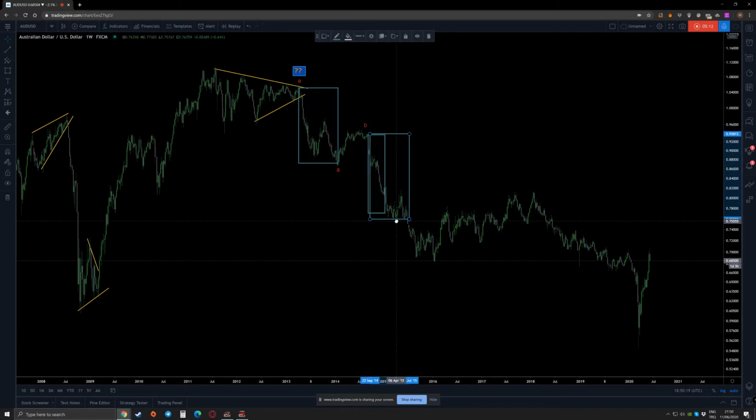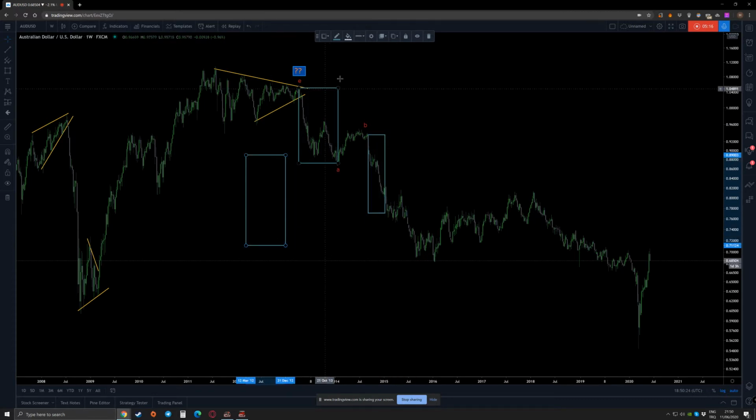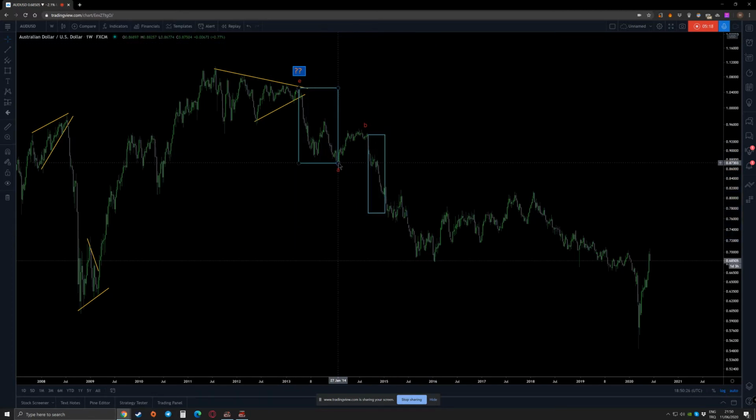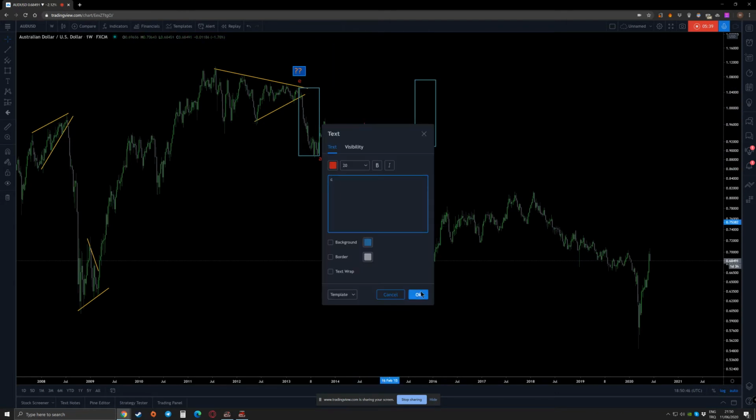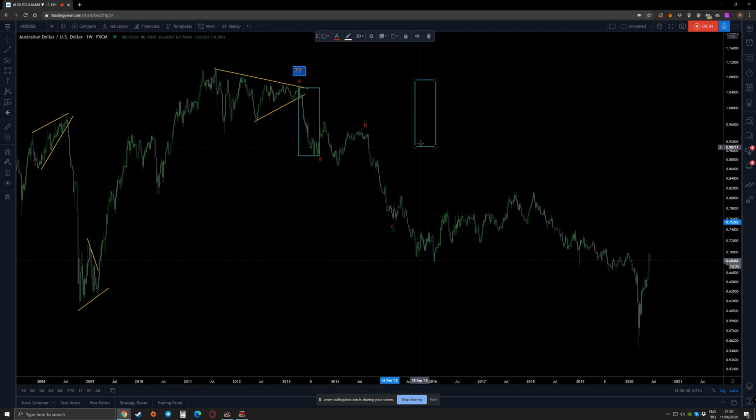Is that possible? That's possible also. So let's go with the first one. I will say that my wave A is done here. This is why I will copy it to the B wave here. Okay, I will take this. So I will say that my C is done somewhere here. Okay, now A, B, C.